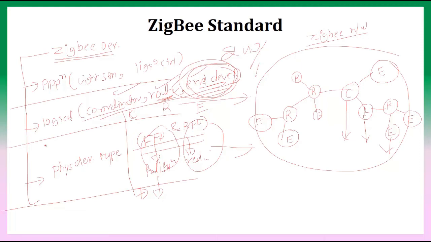So there are two ways of multi-access in the ZigBee protocol. There are two types, which are called beacon and non-beacon. Okay, so I'll just write two modes of multi-access in ZigBee.